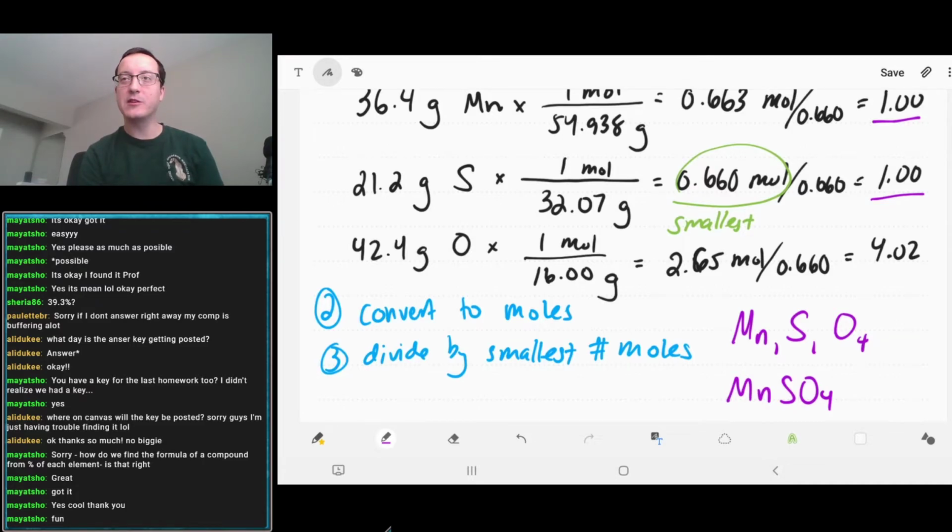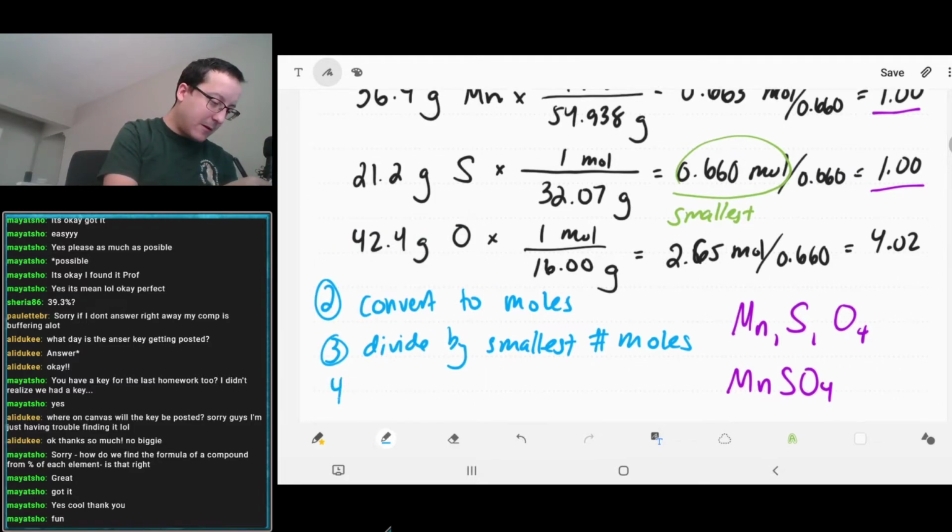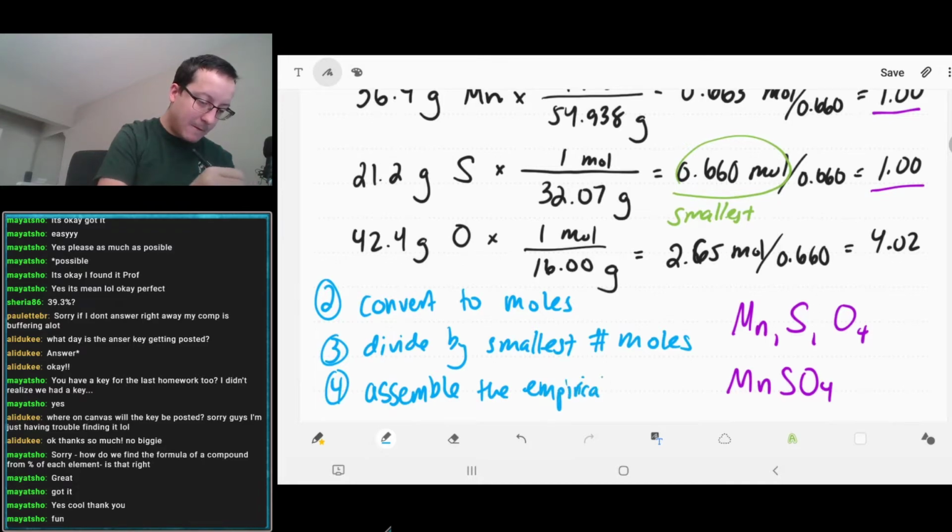And so we'll be able to identify this particular thing. All right, and this is what's called the empirical formula.